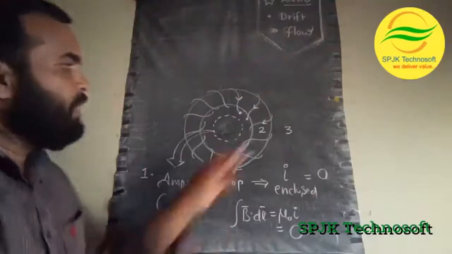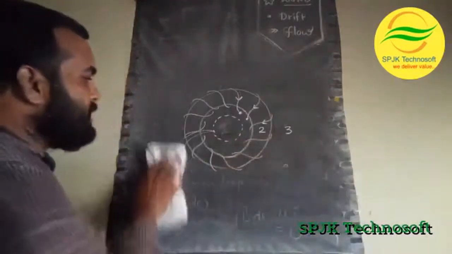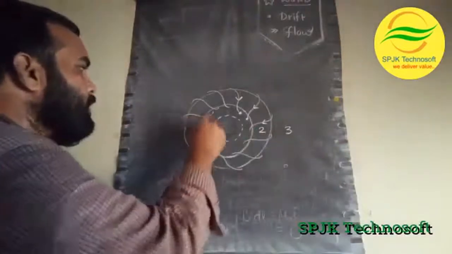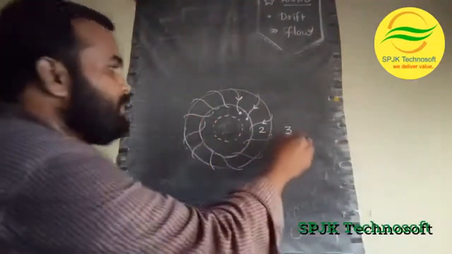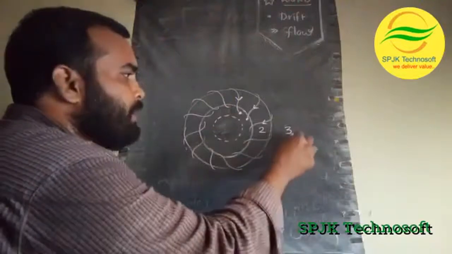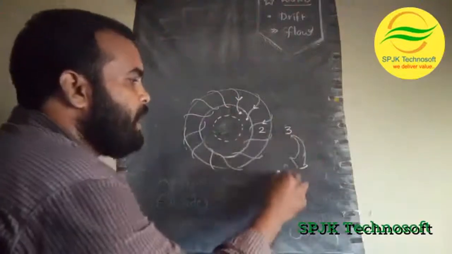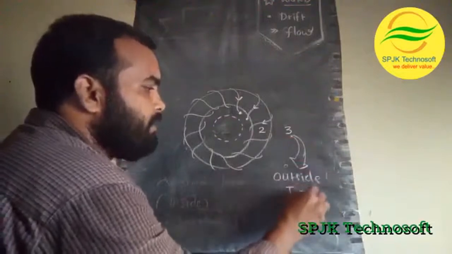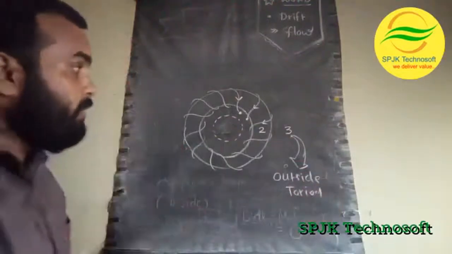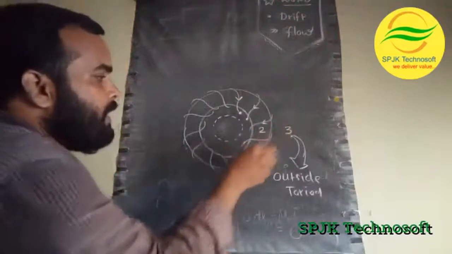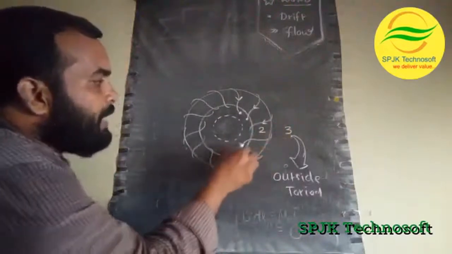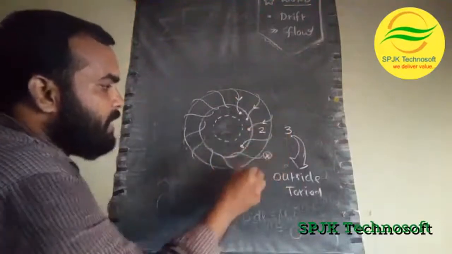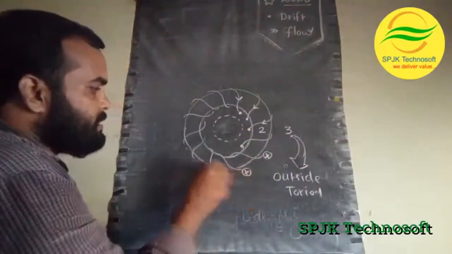Easy to remember. Now coming to the outside region, the third region, let us discuss outside the toroid. Now outside the toroid, what will happen here? If you observe the current carrying wire here, please see the dotted points and the crossed lines.